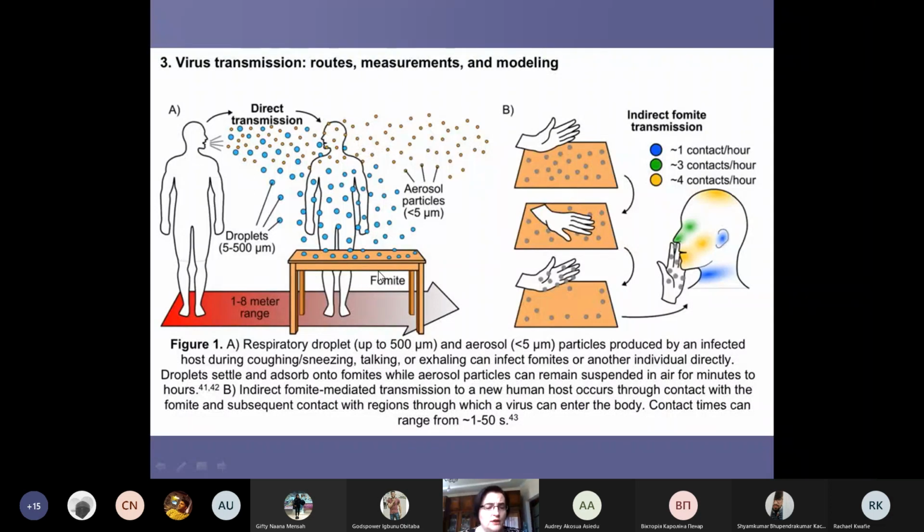Aerosols are smaller and remain suspended in the air longer, so they take longer to settle and can travel further than respiratory droplets. Inhalation of aerosols can lead to infection, but most transmission is in the area about 2 meters around an infected person, via respiratory droplets that come into contact with the mucosa of the upper respiratory tract.